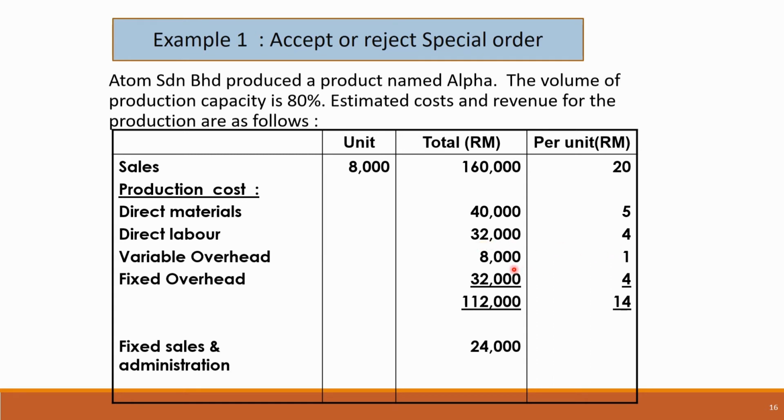Variable overhead 8,000, cost per unit is 1. Fixed overhead 32,000 and cost per unit is 4. And this is the fixed sales and administration cost, 24,000.